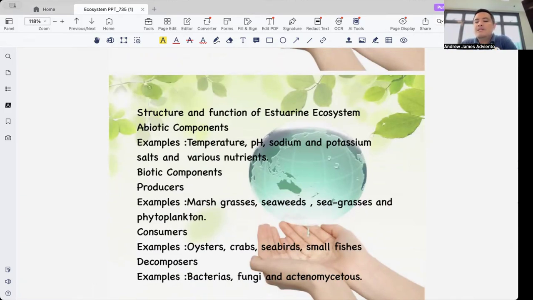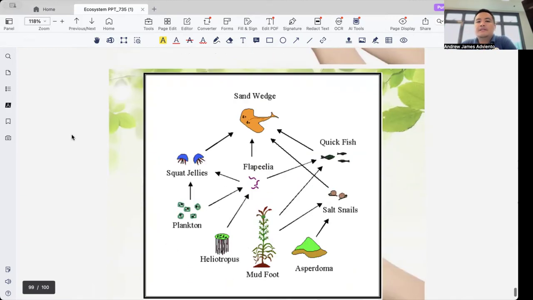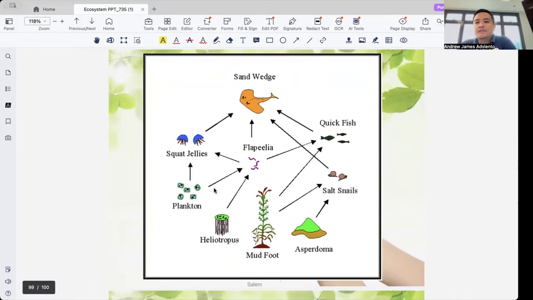Common habitats within estuaries are mangrove forests, salt marshes, and tidal flats. These areas protect coastal regions from storm surges and erosion, filter pollutants, and support rich biodiversity.